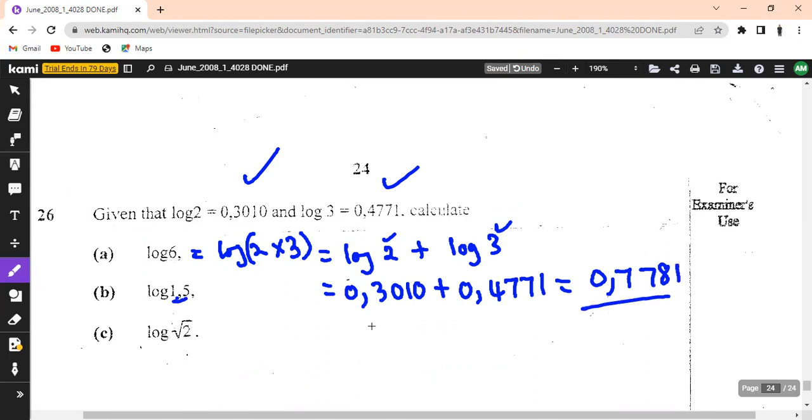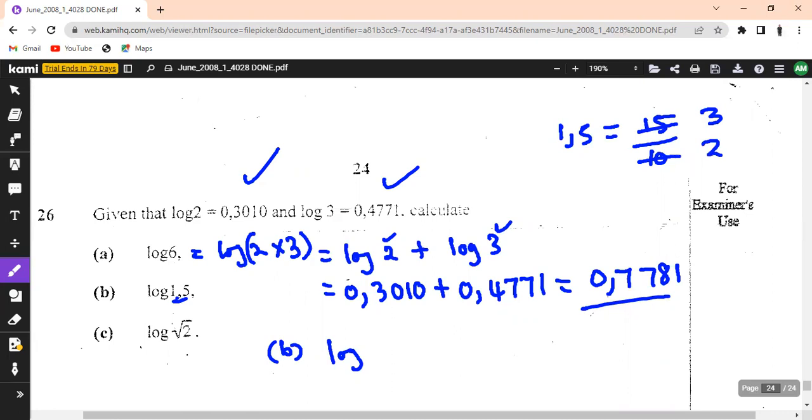What about log 1.5? That is on B. So log 1.5, just write it as a fraction. 1.5 is the same as 15 over 10. So you can reduce by 5, that is 3 over 2. So this is the same as log 3 over 2. As you can see, we are dividing the numbers, not the logarithms.